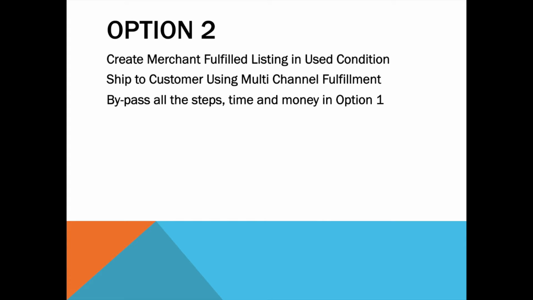And then once the product sells, merchant fulfilled, you create a fulfillment order using multi-channel fulfillment because it's already in FBA. So you very easily pay the shipping to Amazon, create the order, and voila, you get your order shipped out the door. I had this idea a week ago and created a few listings for like three different products that we had that were inactive under these circumstances.